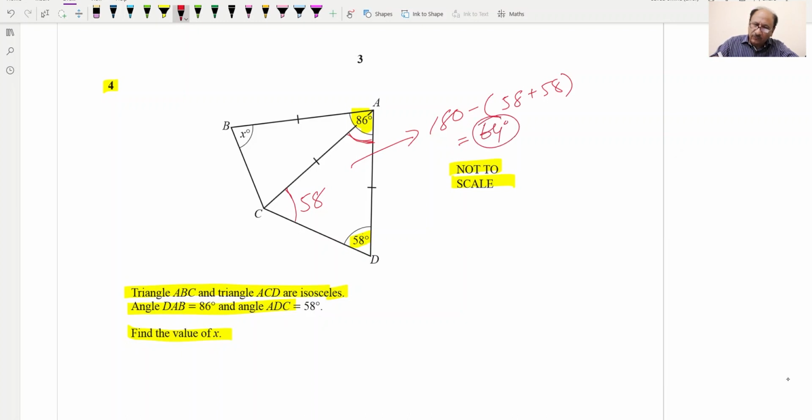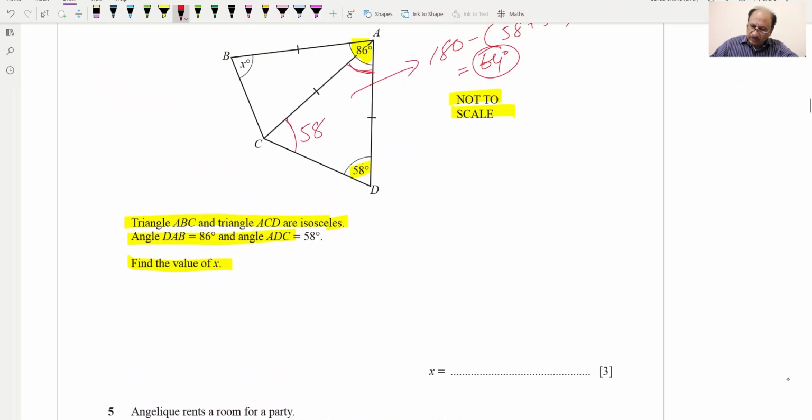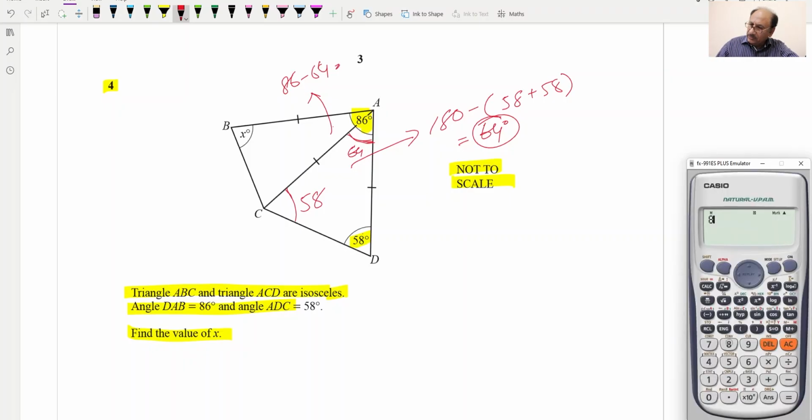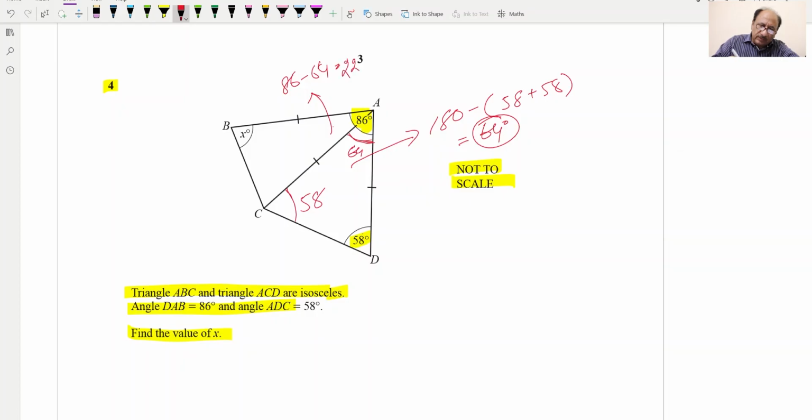So 64 degrees. And for the remaining angle, this angle will be 86 minus 64, which is equal to 22. So this angle is 22 degrees.